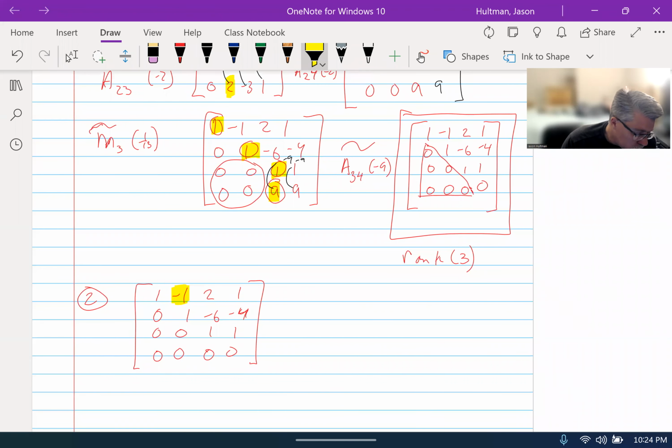So that's kind of cool. So the row operation that I want to do is just A2, 1. I want to multiply row 2 by 1, and then add that to row 1, replacing row 1.